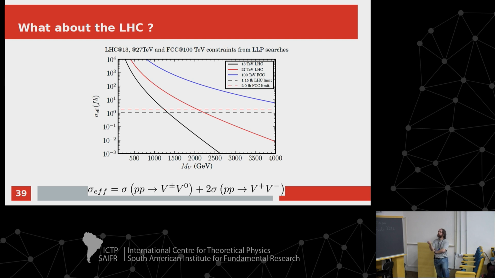Here, you can see the effective cross-section in the production of the charged component of the triplet and the sensitivity of the LHC and the Future Circular Collider. And we can see that a 100 TeV collider can completely exclude the model or discover the model. That's the message we want to put. We need a 100 TeV collider.